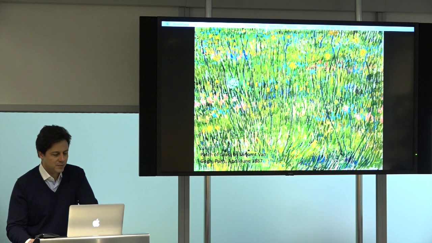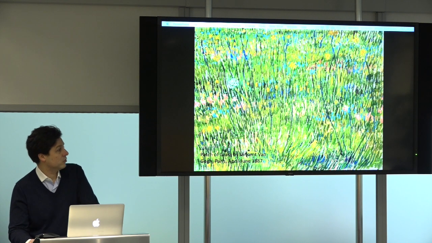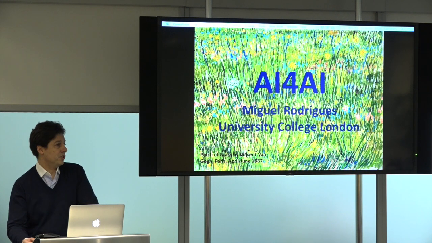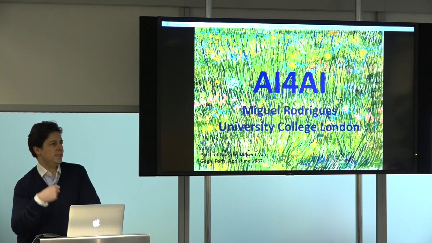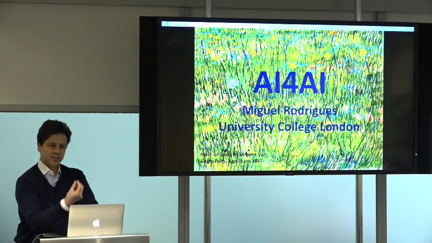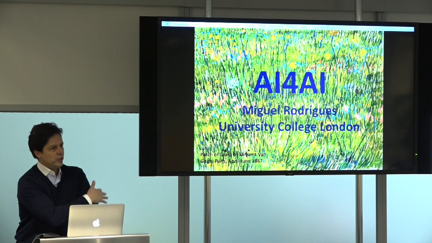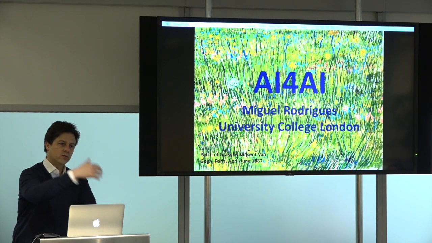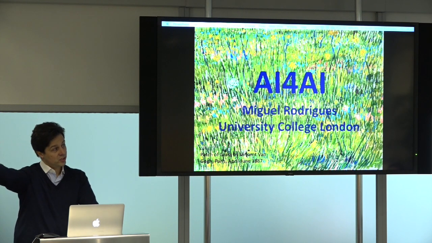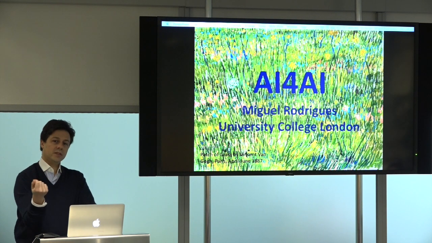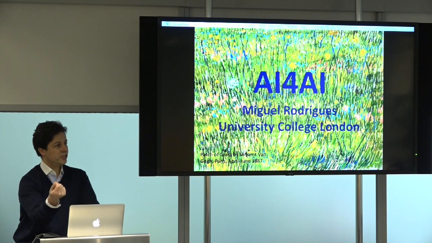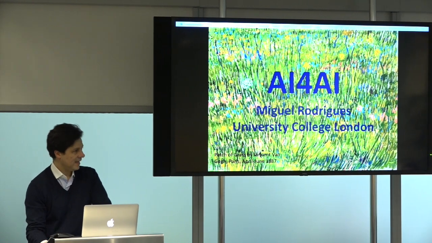So what I'm going to talk about today is artificial intelligence for art investigation, in particular how techniques that underlie artificial intelligence, which could range from machine learning to signal processing, image processing, information processing, are supporting art historical investigation, conservation and preservation of artwork.